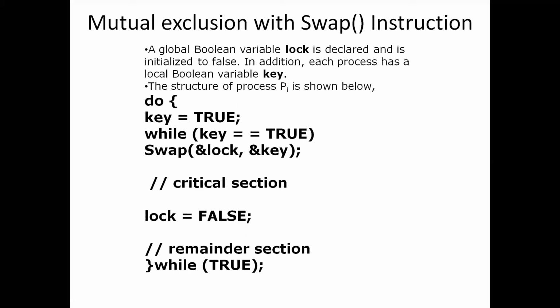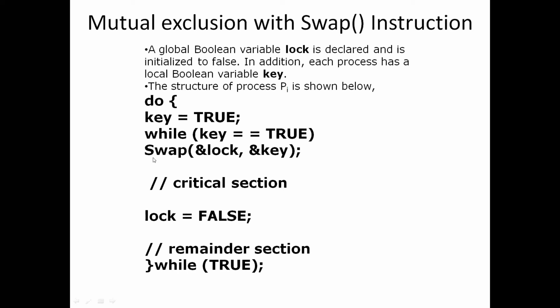Just assume it. Now we have the next statement, that is while key is equal to true. What is the key value? The key is pointing to memory location 2000, which is holding the value true, so key is equal to true. This condition is true, so control will enter inside the while loop.